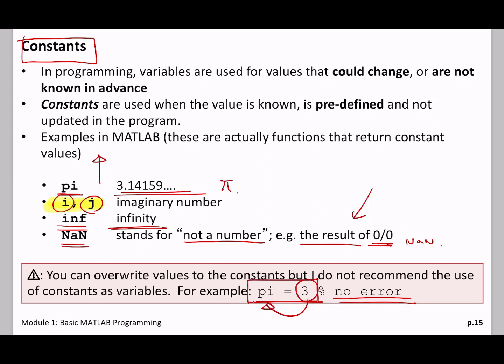So I normally use ii or jj as an iterator in a loop statement. Okay, we'll learn about that later.